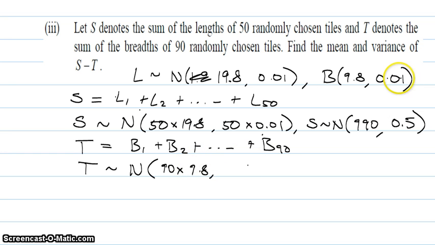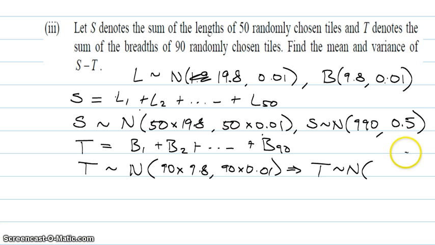And similarly, because I'm adding these together, I can just add the variances together, so 90 times 0.01. So T is normally distributed with a mean of 882 and a variance of 0.9.